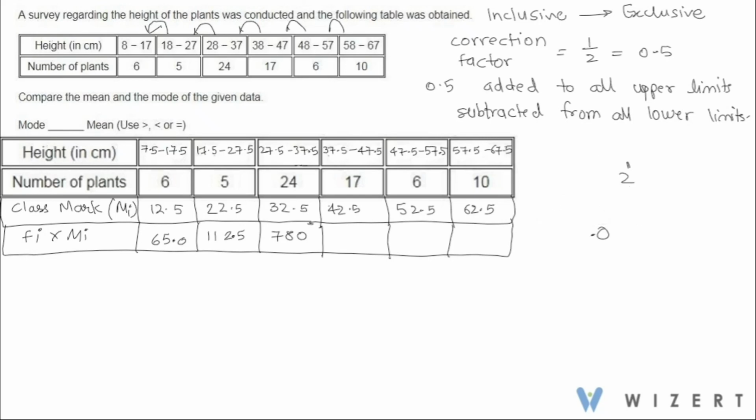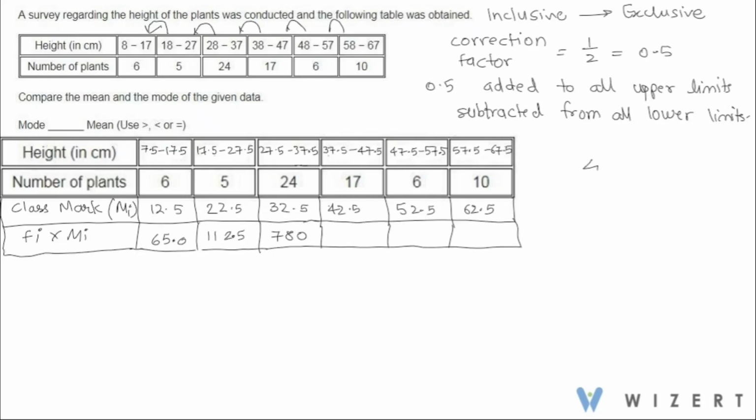Next is 42.5 multiplied by 17. 17 5s are 85, 17 2s are 34 plus 8 is 42. 17 fours are 68 plus 4 is 72. So we get 722.5 here.